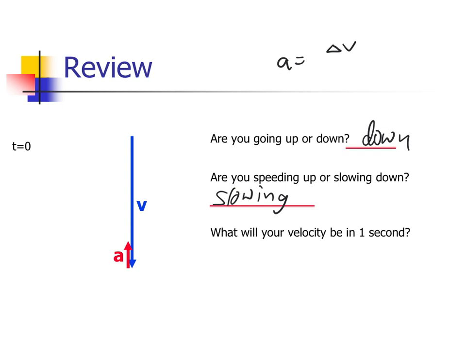So the magnitude of the acceleration arrow would be the change in velocity, especially since we're dealing with a nice value of 1 second. So however big the acceleration line is going to be the change, meaning the new velocity arrow will only go to here.